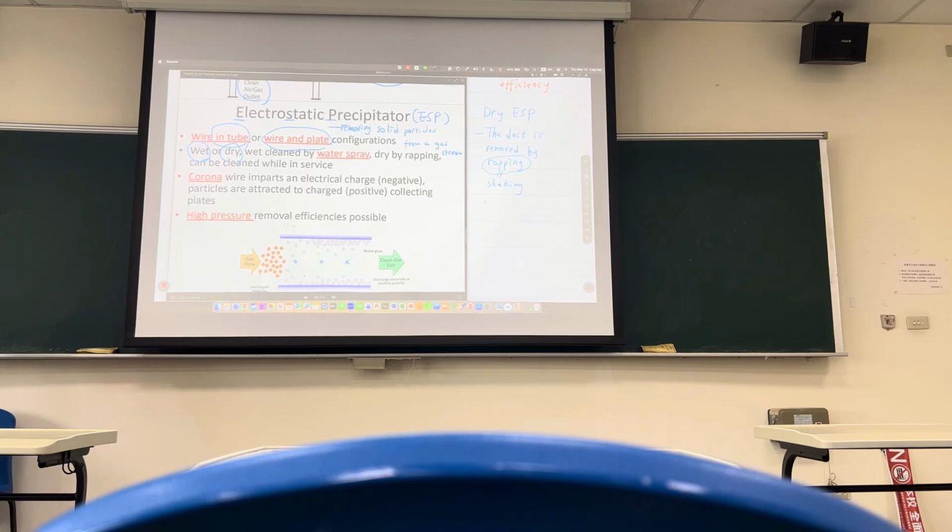For wet ESP, as I mentioned here, the plates are cleaned by water.